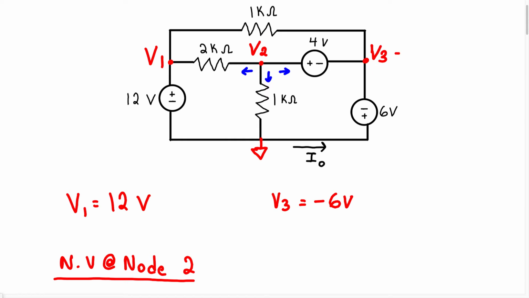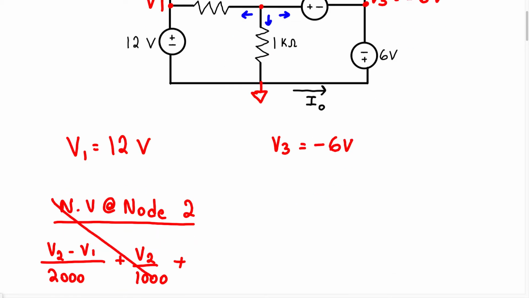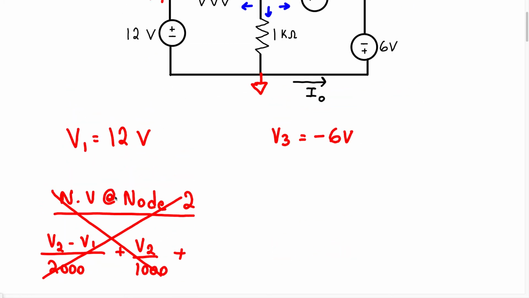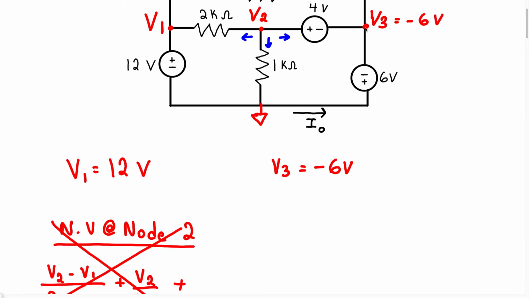We know node 3 is negative 6 volts. So to find the voltage at node 2, we have two options. We can either, let me just cross this out. Because of this voltage source, we cannot go this route anymore, and because we know the voltage at node 3, we cannot do the supernode method.